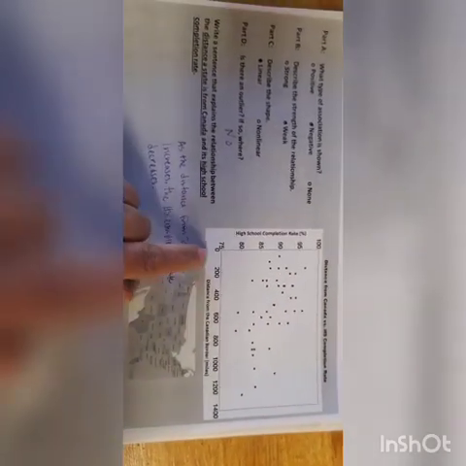In a negative relationship, you will see that as one set of data increases, the other set of data decreases.